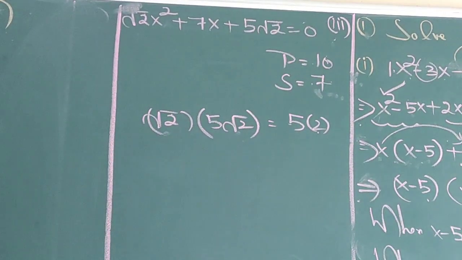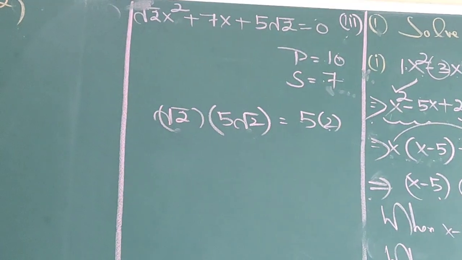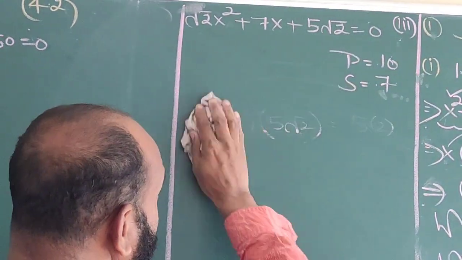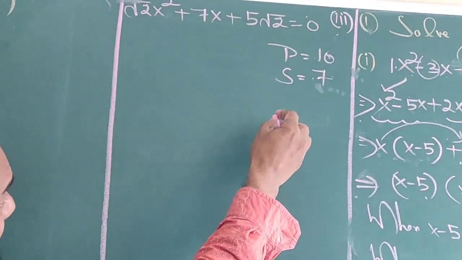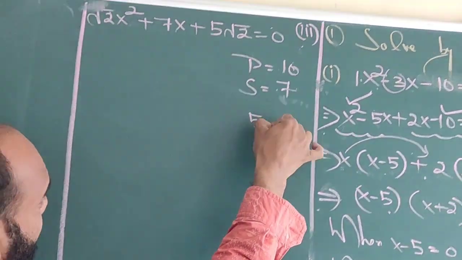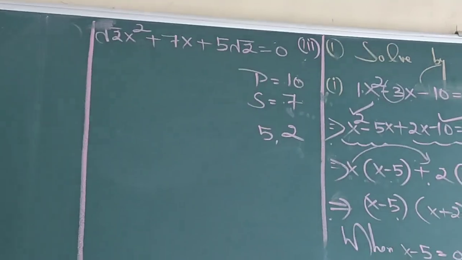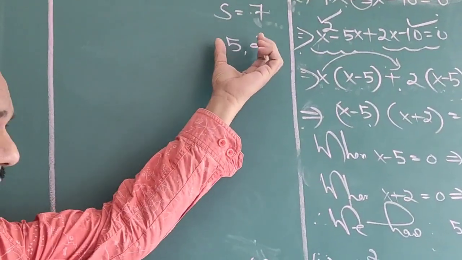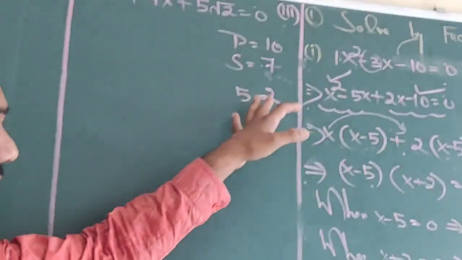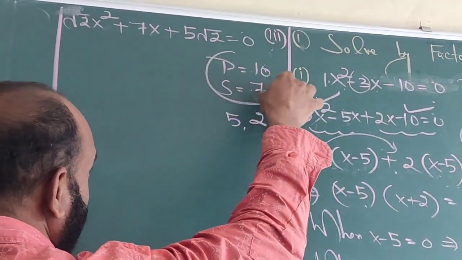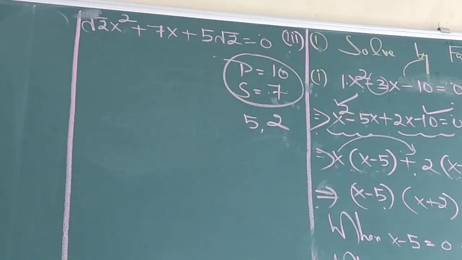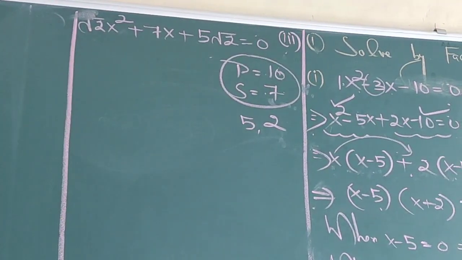So here we find two factors of 10 having sum 7, and those factors are 5 and 2, because these are factors of 10, so the product is equal to 10, and the sum is 7. So we can say that 5 and 2 are suitable factors of this quadratic equation.